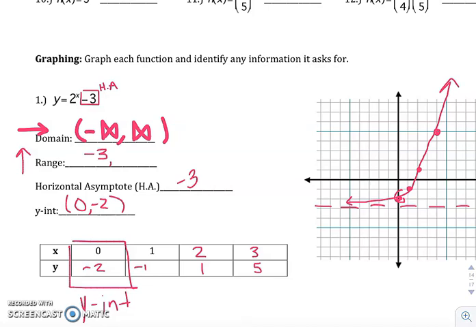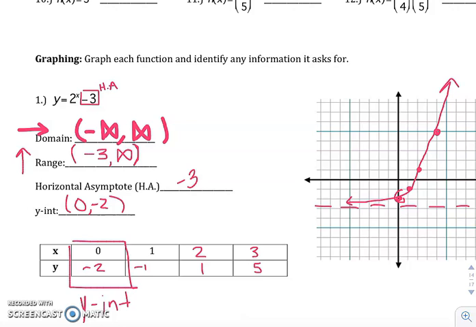That is the lowest place your graph is. And since it's going up, it's going to positive infinity. Infinities always get parentheses. And -3 is an asymptote. There's no point at -3 or on -3. It's an asymptote, which just means you keep getting closer and closer. So the range is going to be from -3 to positive infinity.